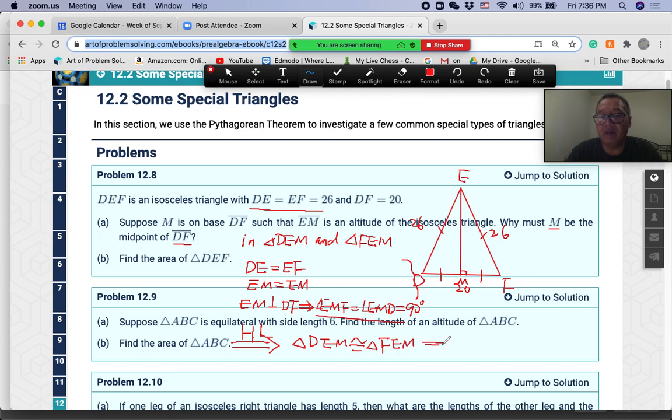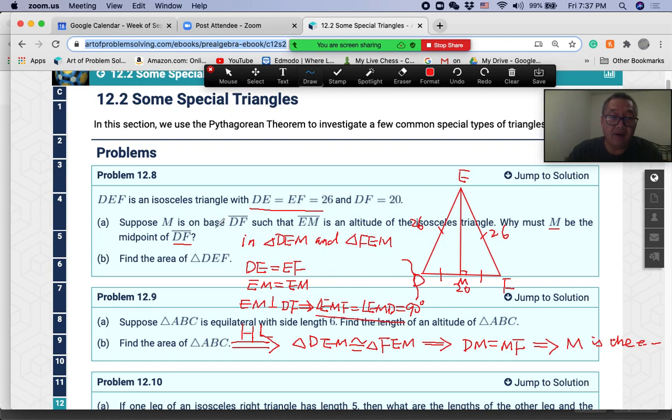Then from these congruent triangles, you get DM equals MF, because these two sides are corresponding sides. Then you get that M is the midpoint of DF. Okay, so this is A.